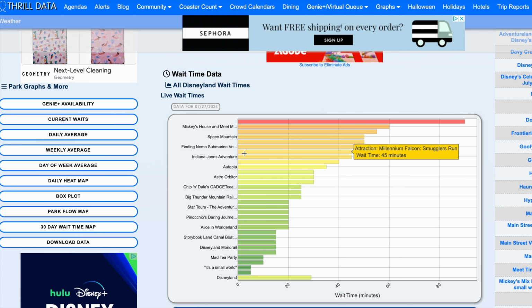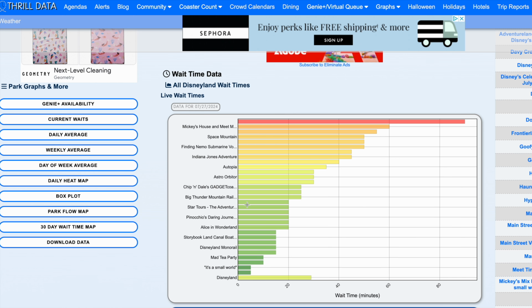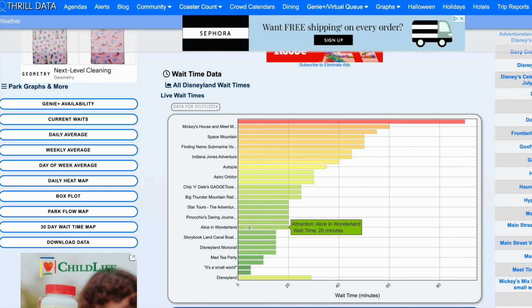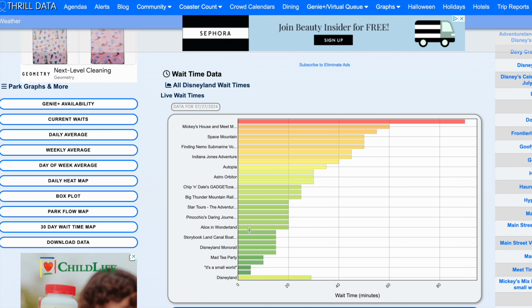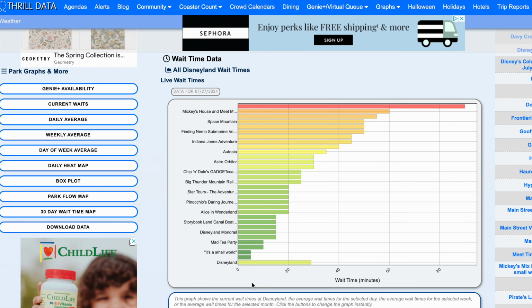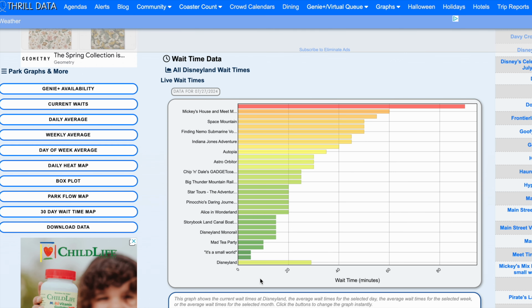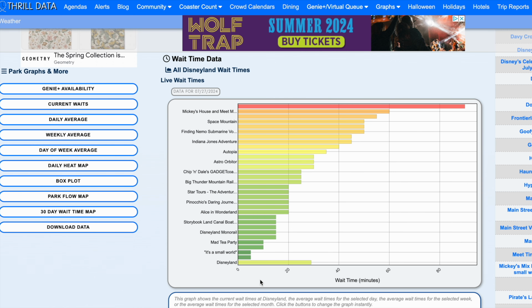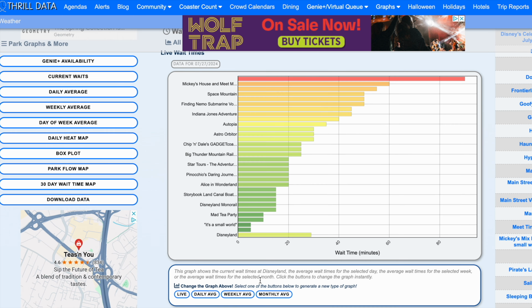And this is important because we might have some rides here that don't have lightning lanes. Disneyland, a lot of their rides don't have lightning lanes. And so if there is one that has a long wait but it doesn't have a lightning lane, that tells us, okay, we need to really prioritize that.